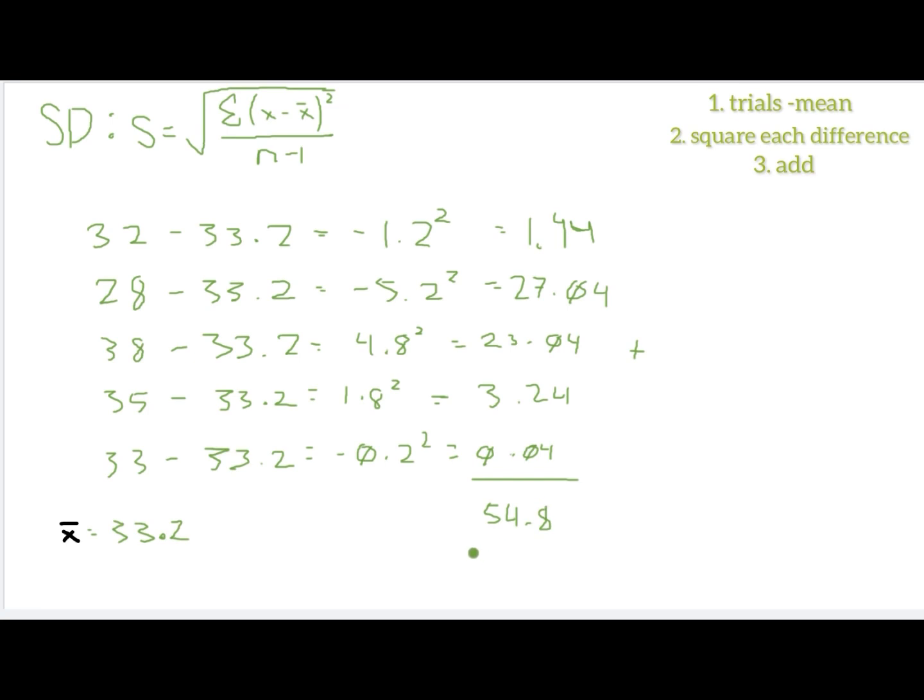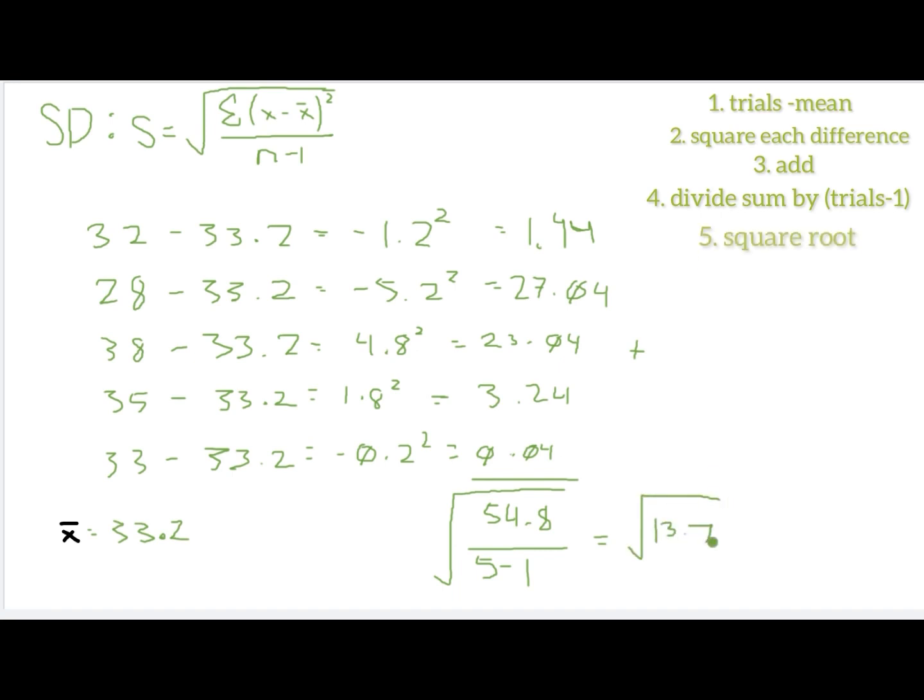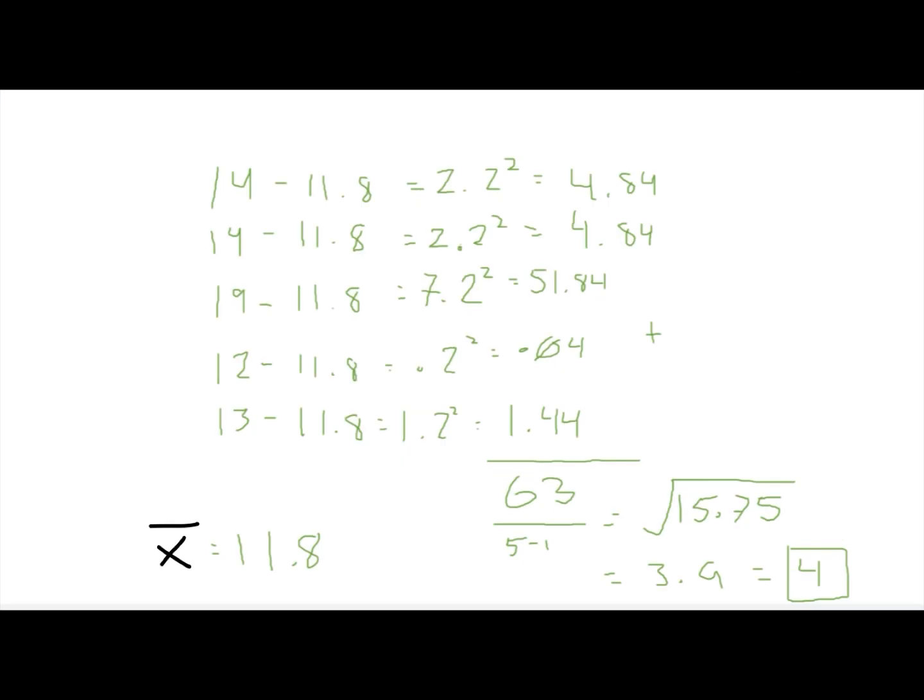And then we're going to divide that by the number of trials, in this case 5, minus 1, which is basically just 54.8 divided by 4. And we get 13.7. Then we're going to take the square root of 13.7, and we have our standard deviation. We did the same for the experimental group, and we got 4.